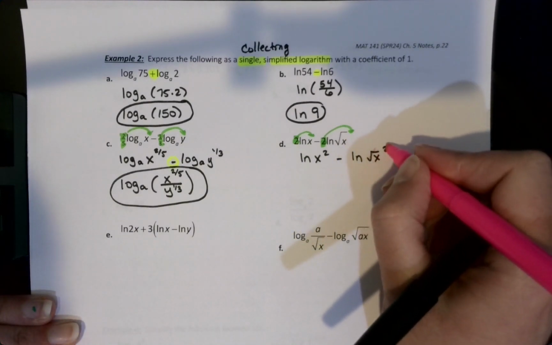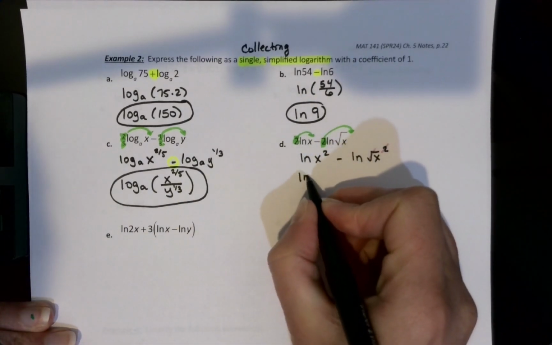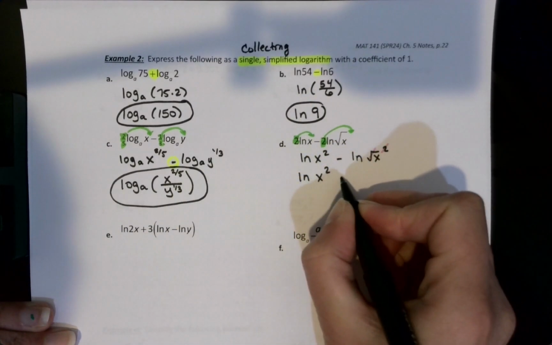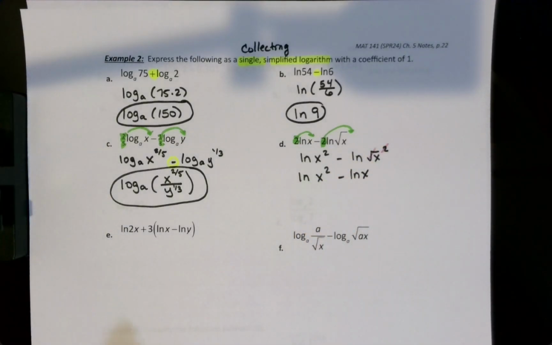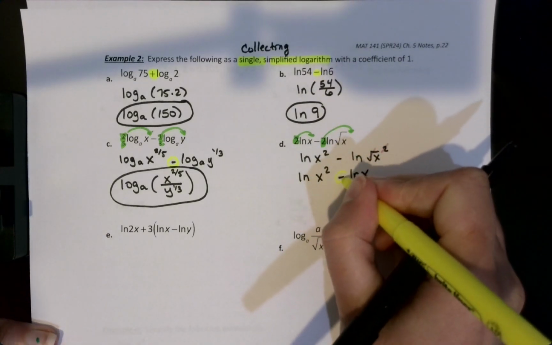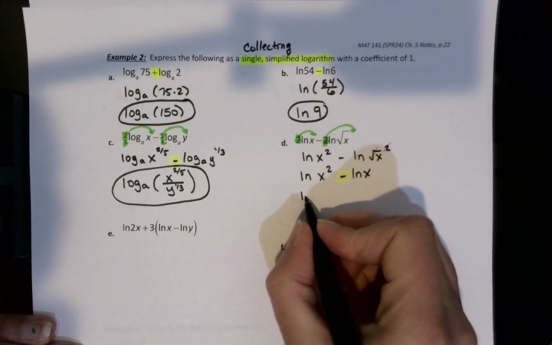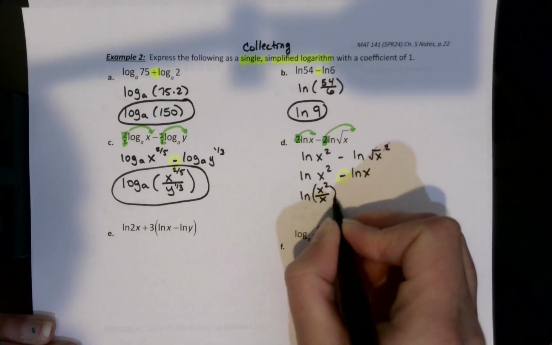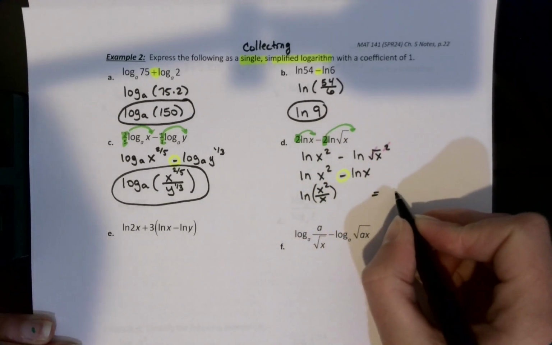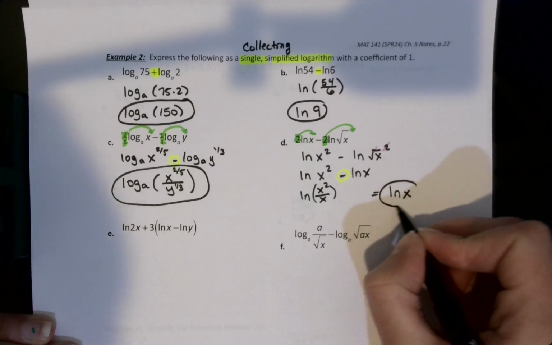We're going to say square and square root, those are opposites. So I've got the natural log of x squared minus the natural log of x. And then we're going to be able to condense using the quotient property, condense that subtraction into division. So the natural log of x squared divided by x. And that reduces, again, to the natural log of x.